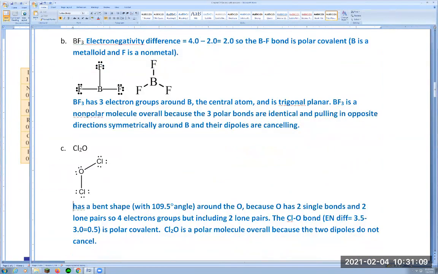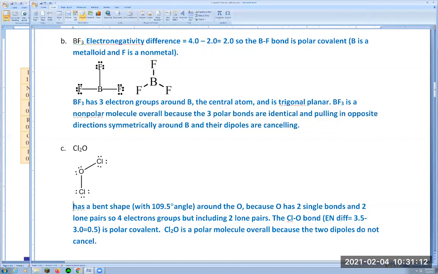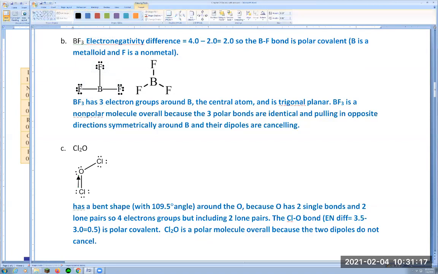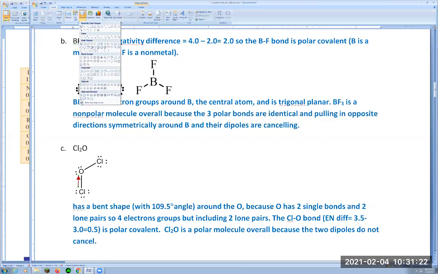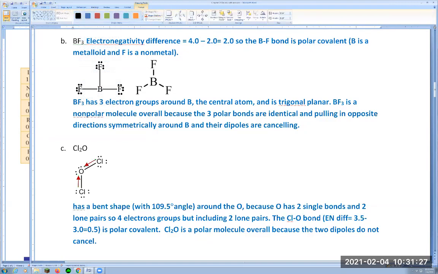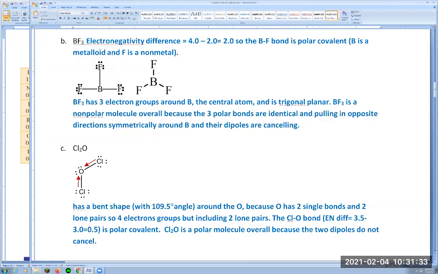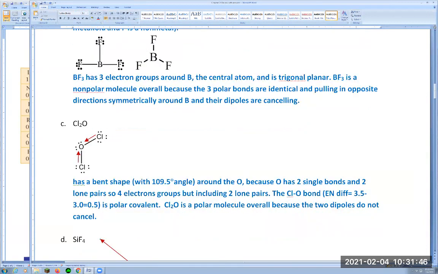And so if you imagine having those 2 arrows, for the 2 dipoles here, going up like this, and the other one like this. So they go towards oxygen because oxygen is the most electronegative element of the 2. And so they are not exactly opposite each other, right? Because the shape is bent. So the 2 arrows will actually add up together to make a larger dipole. And so I'm going to steal that arrow here.